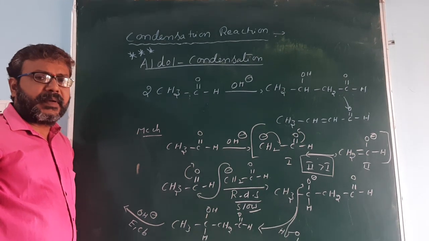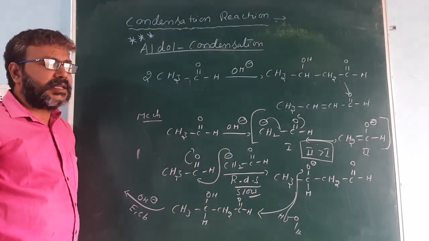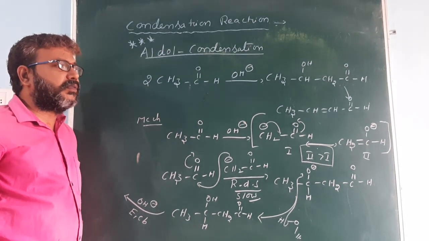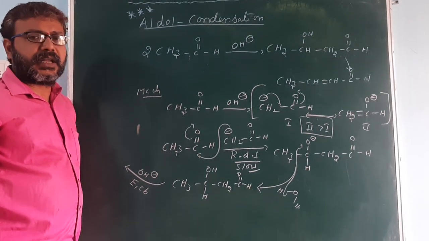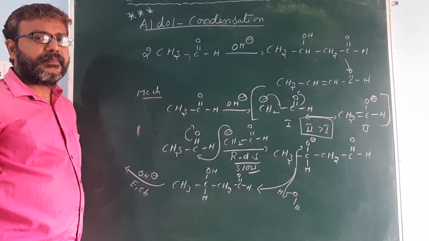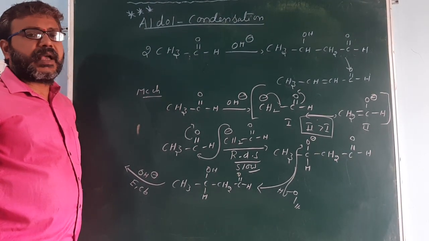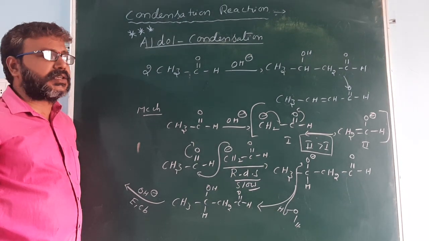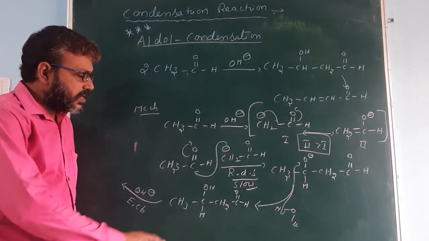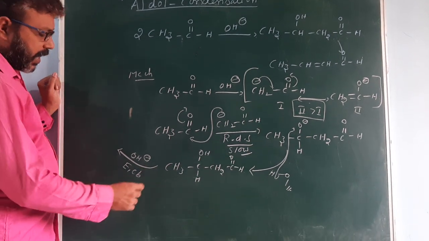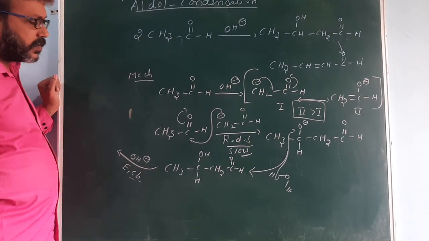In the E1cB mechanism, the reaction intermediate is a carbanion. Already you know, in the E1 mechanism the reaction intermediate is a carbocation. In the E2 mechanism, there is no reaction intermediate, you get only a transition state. In the E1cB mechanism, the reaction intermediate is a carbanion, that is the conjugate base.